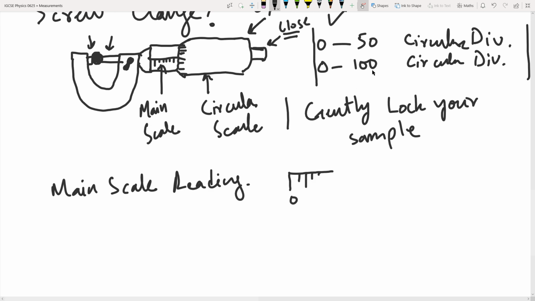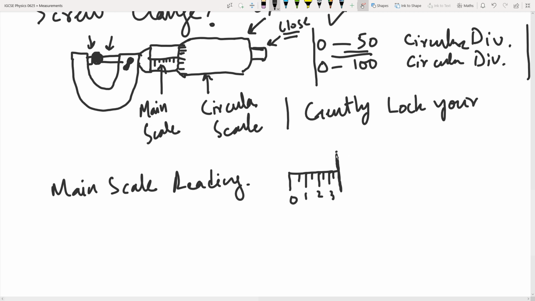I'm going to use this 50-division one, so another large one. So this is going to be 1, 2 millimeters, and third, 3, right? Now the fourth is here, but I'm not able to see the fourth line because my circular scale is overlapping that line, right? I need some space over here. There we go.